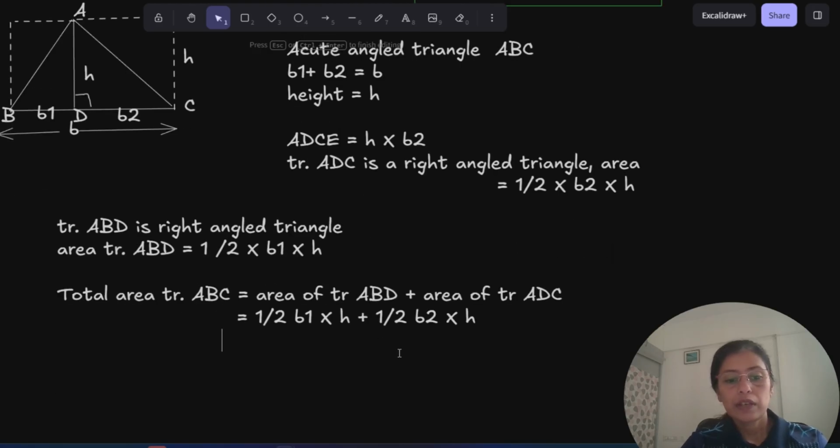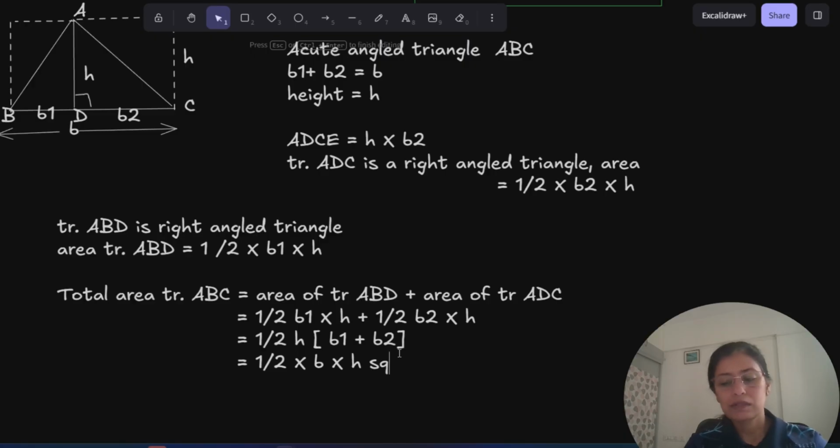And I do a summation here because I can take 1 by 2 outside, I can take H outside, and then I'll do a B1 plus B2. So already I saw, right, what is B1 plus B2? That is B. So this becomes 1 by 2 into B first, and then H, because that is the standard convention.